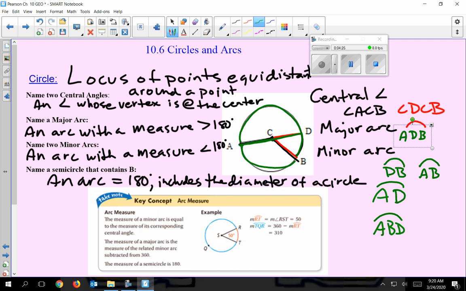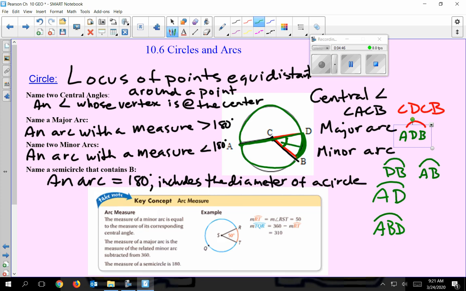Another point we need to have here is that when we have an angle like DCB, okay, that creates the arc out here. And the central angle is going to have a certain measure, and the arc is going to be the same measure.